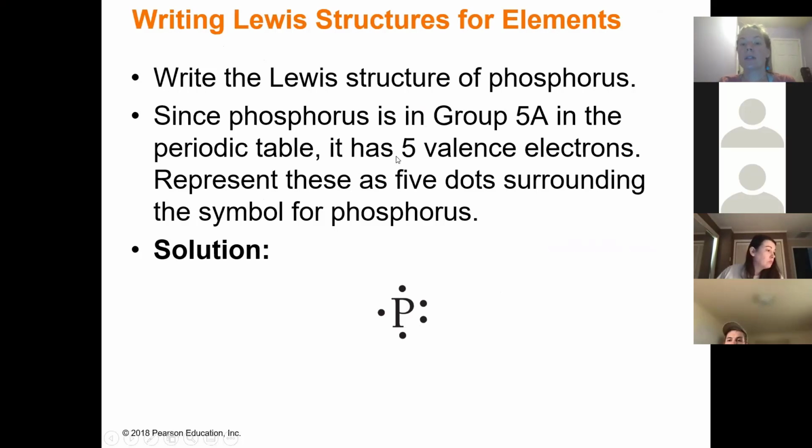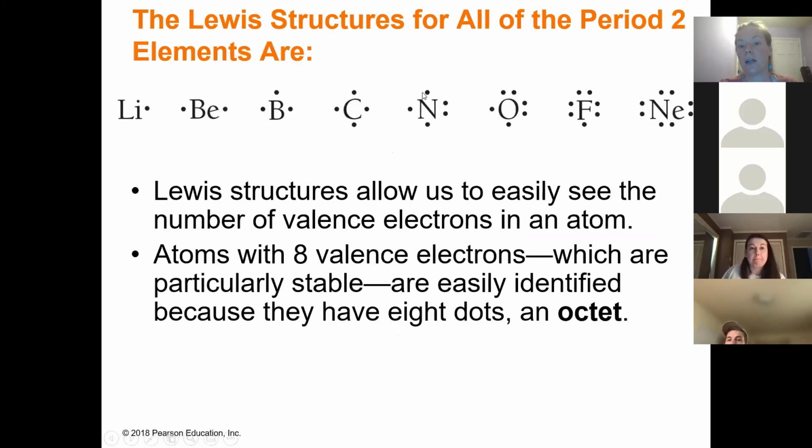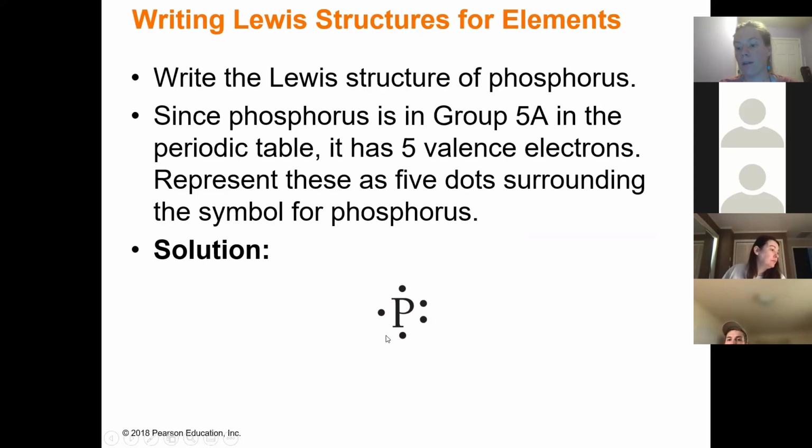So if we were to write the Lewis dot structure for phosphorus, phosphorus is in the same column as nitrogen. Okay, it's not the same as nitrogen, but it's in the same column as nitrogen. It's in column 5, so it will also have 5 valence electrons. You can see nitrogen here has 5 valence electrons, and then phosphorus will also have 5 valence electrons.